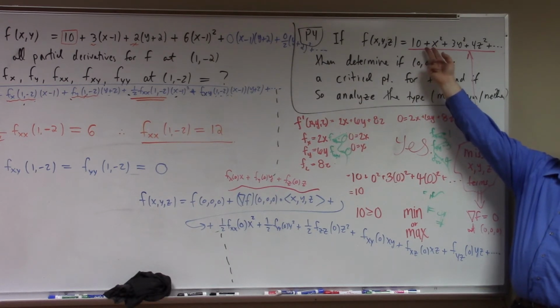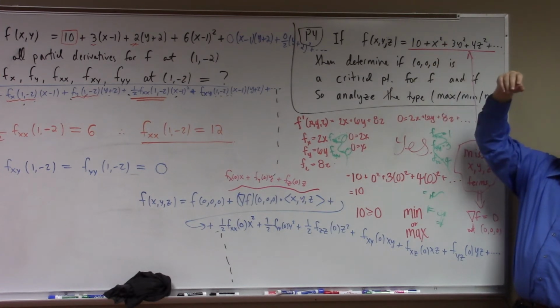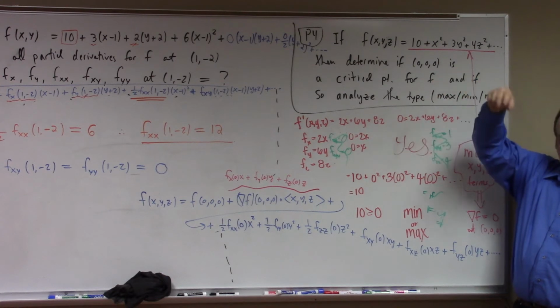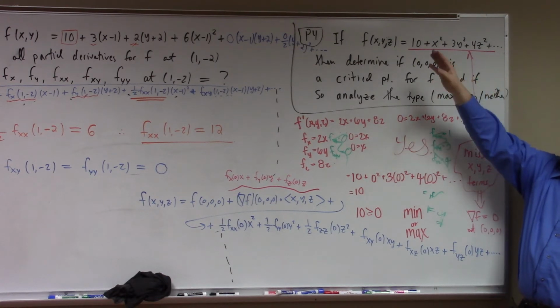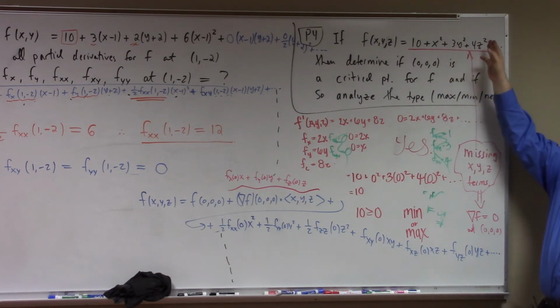If you let x, y, z go away from 0, 0, 0 to something, comma, something, comma, something, how does that compare to f of 0, 0, 0? You're adding sums of squares, right? So no matter which direction you go in, you're making the function larger.